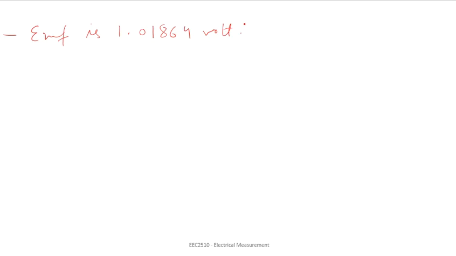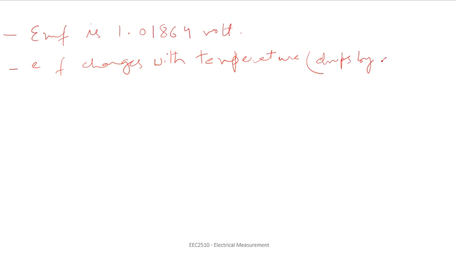The EMF of the cell also changes with temperature, and it drops by about 40 microvolt per degree Celsius.